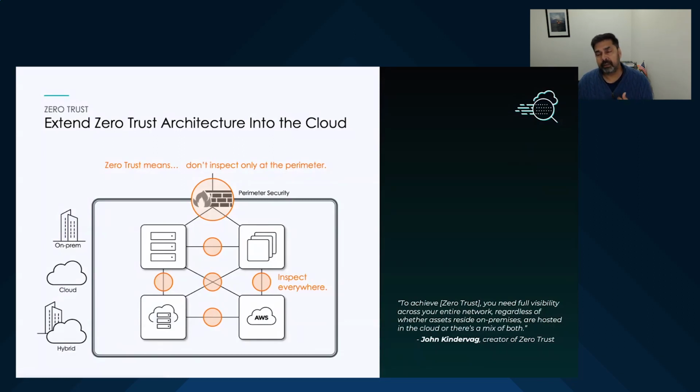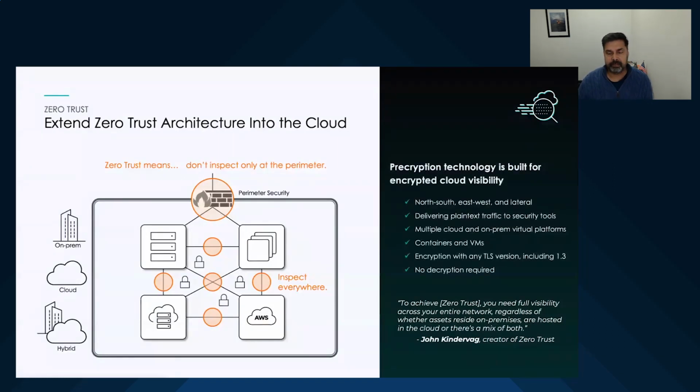If you don't have full network visibility, if you have blind spots throughout the infrastructure, then any zero trust model cannot be effectively applied because of not having visibility into communication, not having visibility into all the assets that are talking, particularly for encrypted communications as well.